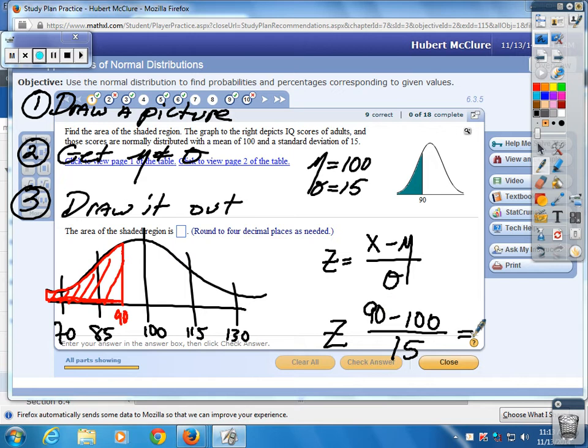Well, wait a minute. That's going to give us a negative. What is 90? It's going to be a negative z-score because it's to the left of the center. 90 minus 100 over 15, which is what? 2/3, which is negative 0.67.